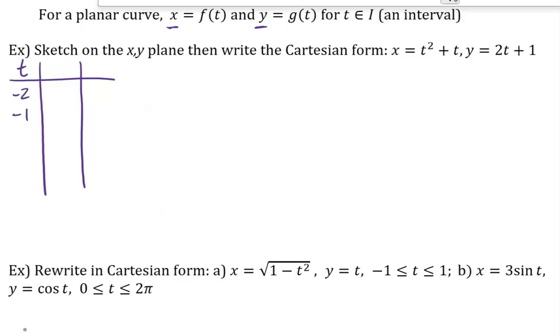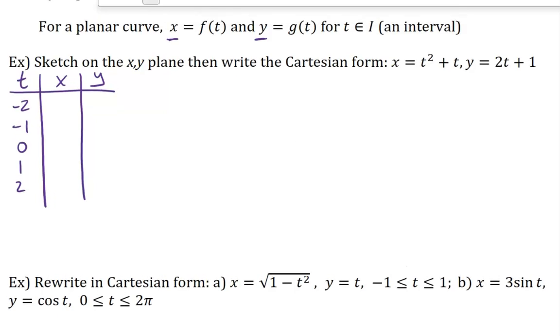So -2, -1, 0, 1, 2. If we need to add some more, we can. And then this is x, this is y. I'm plugging the t values into both the x function and the y function, and I'm going to get an ordered pair out of that.